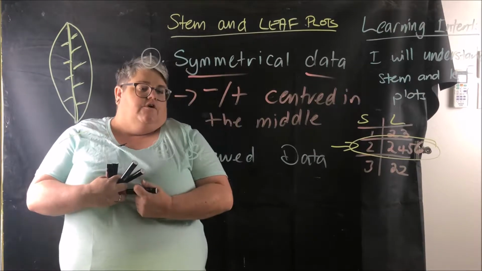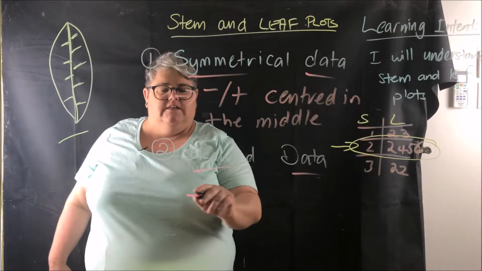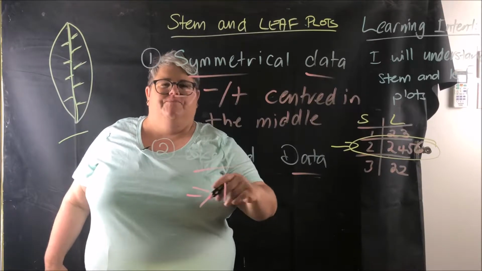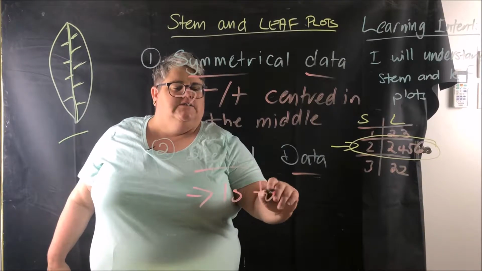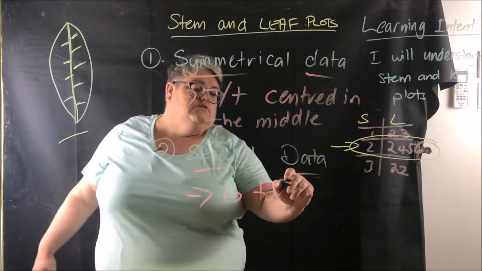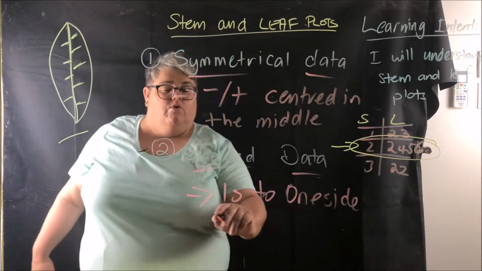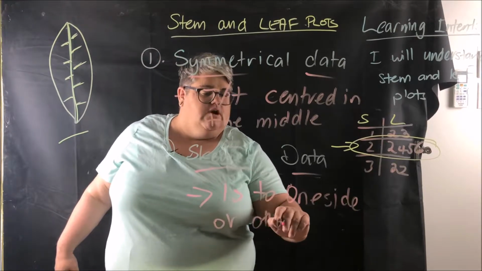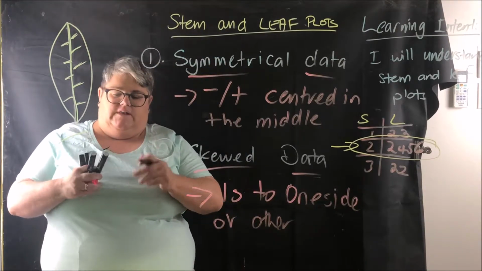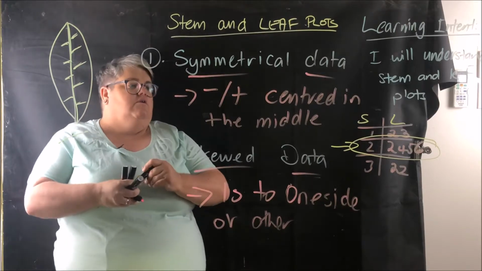With skewed data though, we basically mean that it sort of is to one side or another. Okay, it doesn't matter which side. So if I said it was skewed to the left or the right, okay.